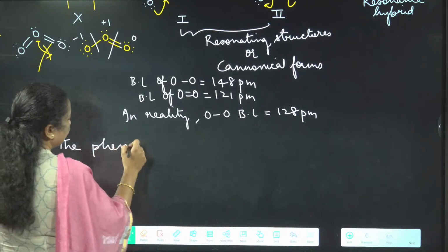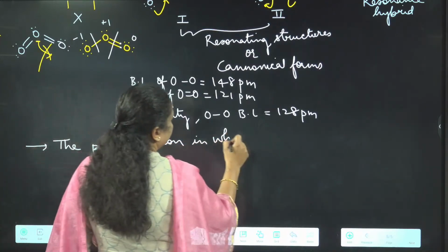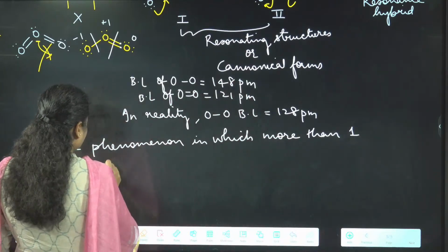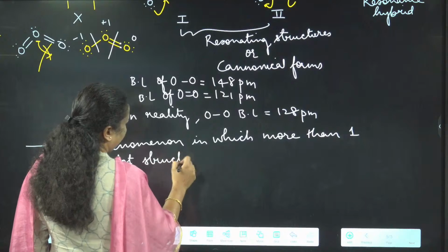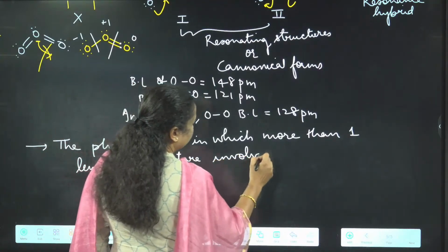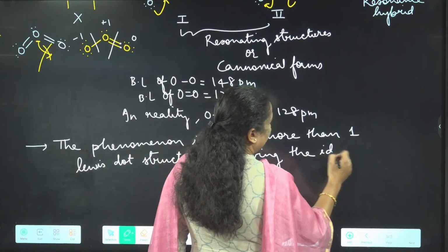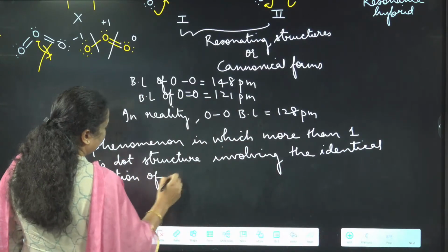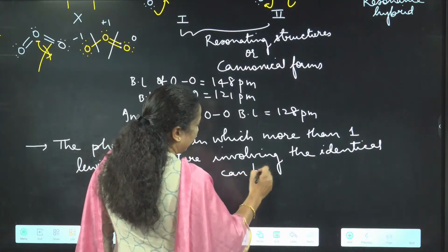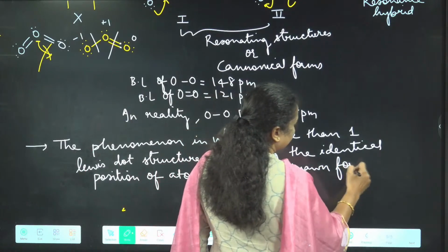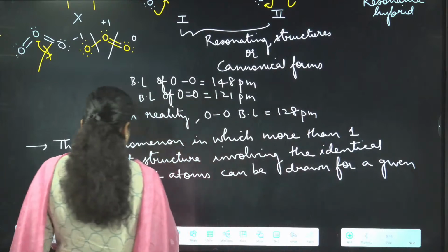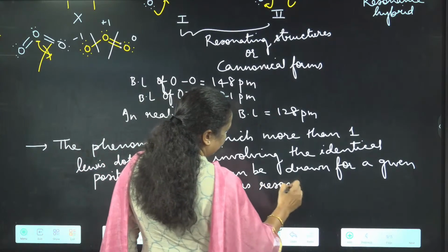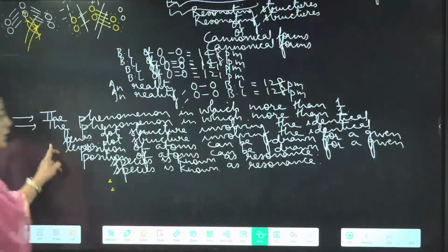The phenomenon in which more than one Lewis dot structure involving the identical position of atoms can be drawn for a given species is known as resonance, right?